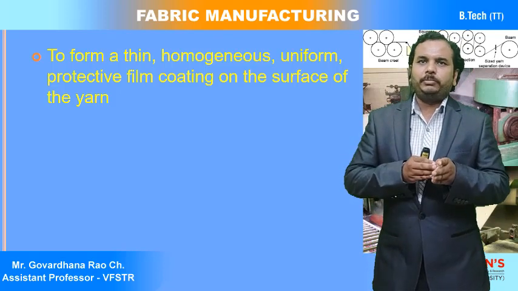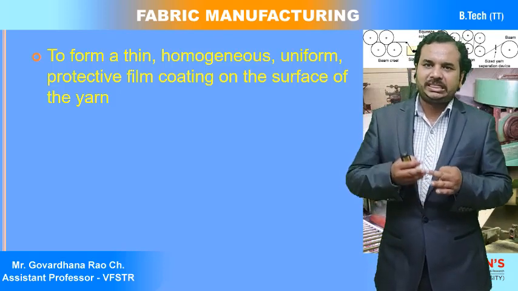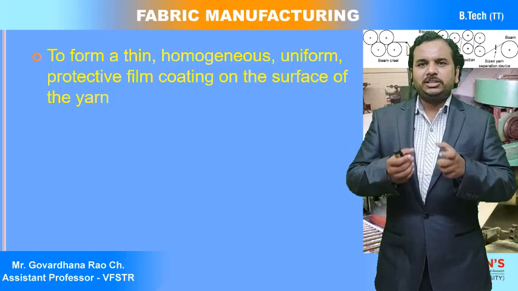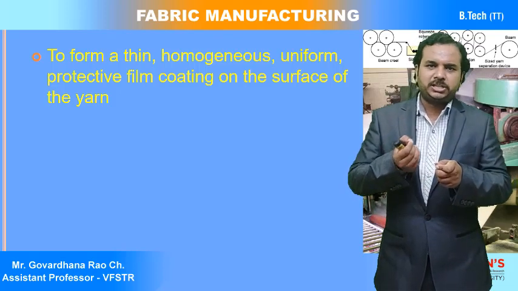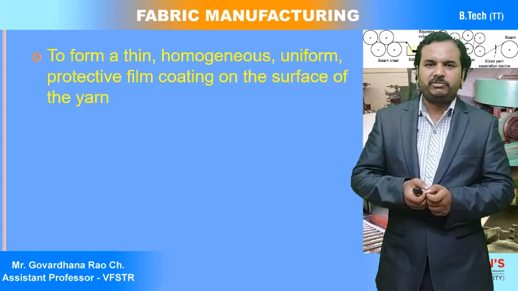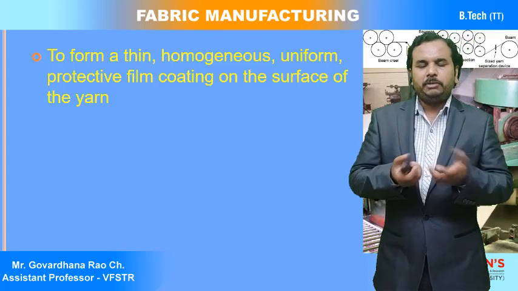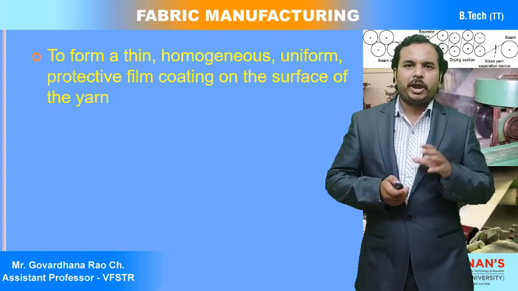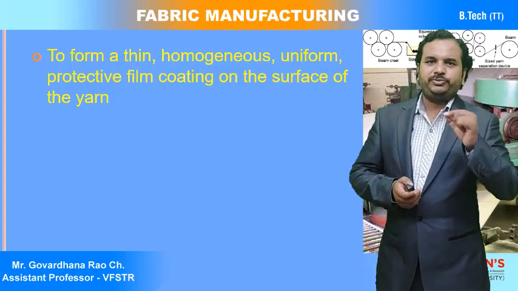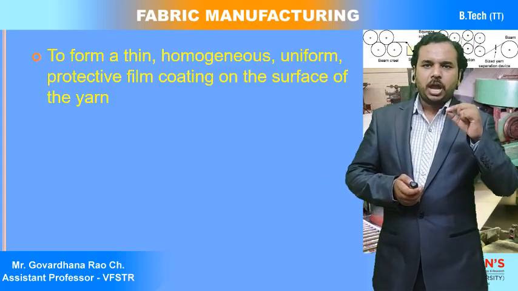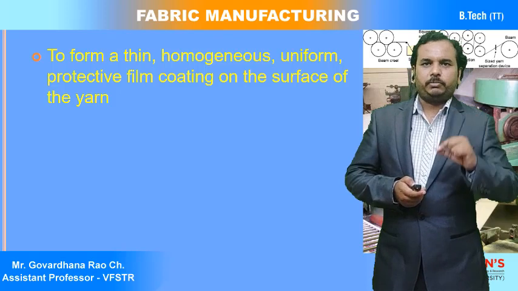So it should be uniform, homogeneous and very thin. If the size paste is applied very thick on the surface, then what will happen? If you bend the yarn, it becomes brittle. To avoid that, the size film should be very thin, homogeneous and uniform.